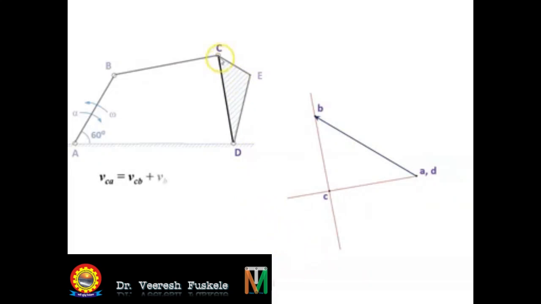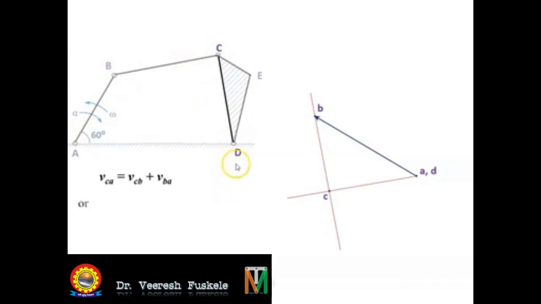The velocity of C relative to A will be equal to the velocity of C relative to B plus the velocity of B relative to A. That means point C will get the motion when link AB will be moving, and according to the movement of AB, BC will be moving. So the velocity of point C will be equal to velocity of this link plus this link.